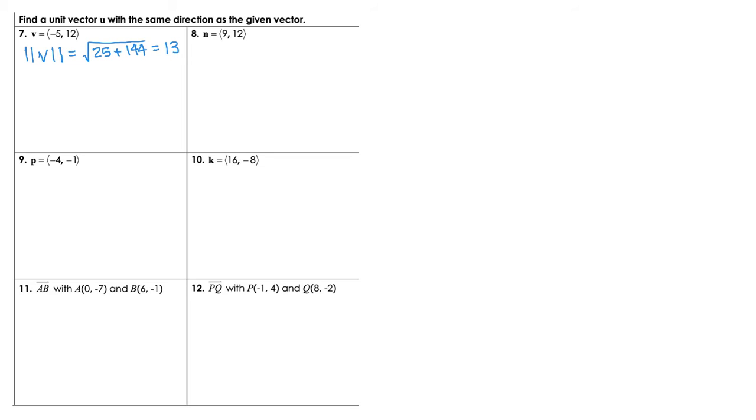And then you come back with the unit vector. It's going to be 1 over 13 times your component form, negative 5, 12. And so the final vector is going to be negative 5 over 13, comma, 12 over 13.